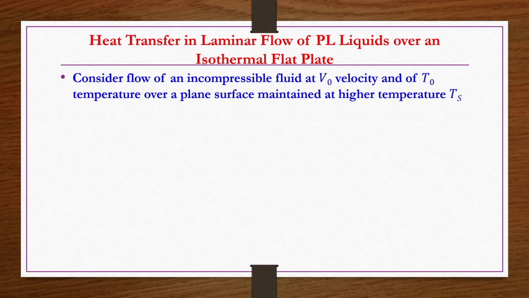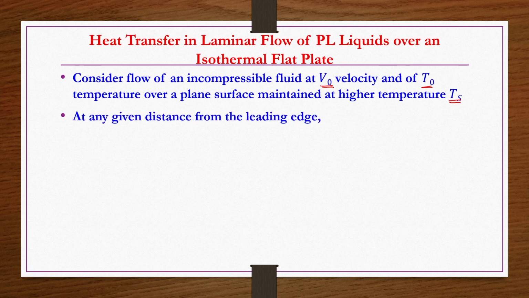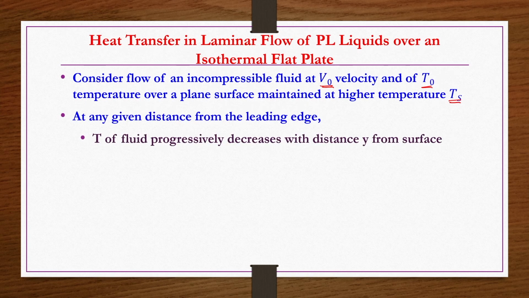Consider flow of an incompressible fluid at free stream velocity V naught, which is at temperature T naught, over a plane surface maintained at a higher temperature Ts, right. Surface temperature and free stream fluid temperature are provided. Now, at any given distance from the leading edge, the temperature of the fluid progressively decreases with distance y from the surface, because we have taken Ts higher than T naught.